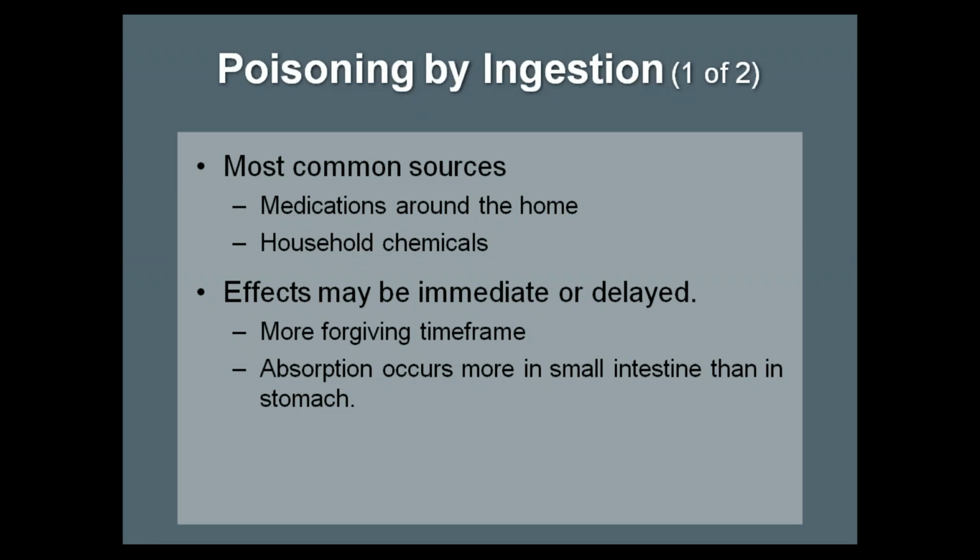As kids get older, they learn that cleaners aren't delicious. But young infants might get into things like Tide Pods. We hear about that stuff all the time. The Tide Pod challenge. Effects may be immediate or delayed. It all depends on what the toxin is.